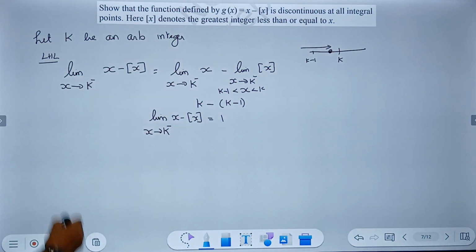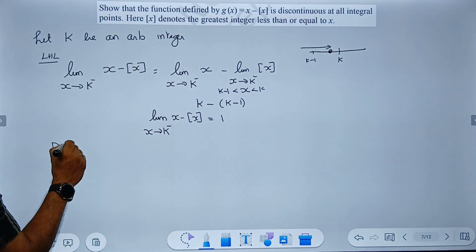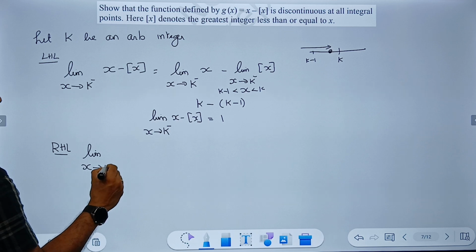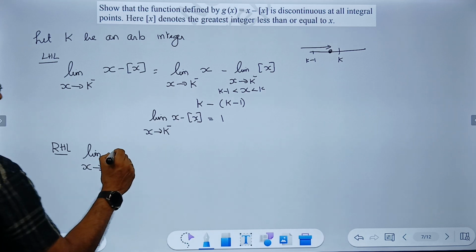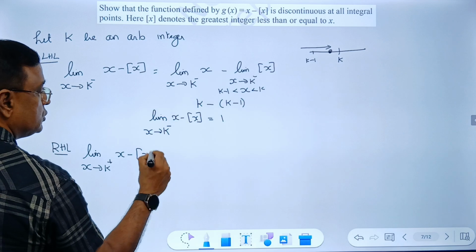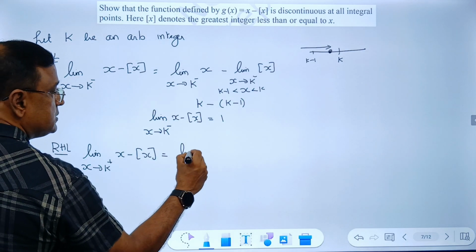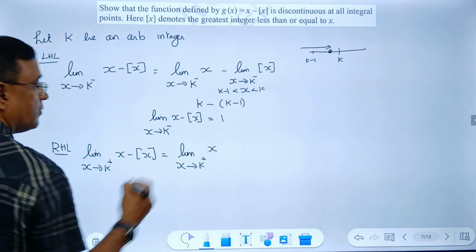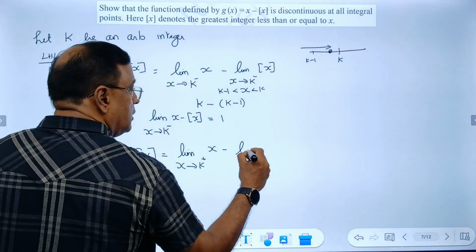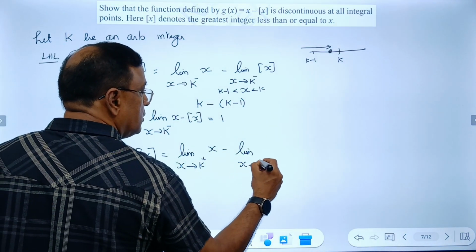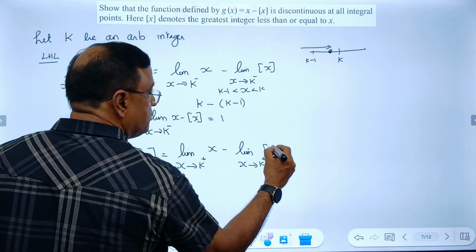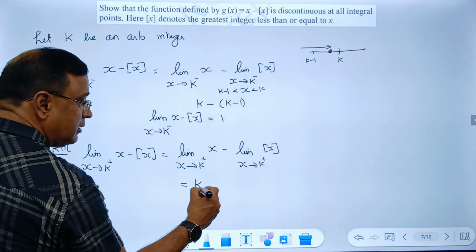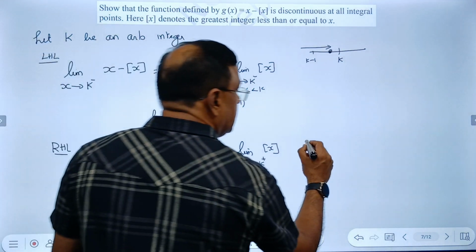Now let's go to the right hand limit. What is my right hand limit? This is limit x approaches k plus of x minus the greatest integer function of x, which can be written as limit x approaches k plus of x, minus limit x approaches k plus of the greatest integer function of x. By direct substitution, you will get k here, minus, let's analyze this.